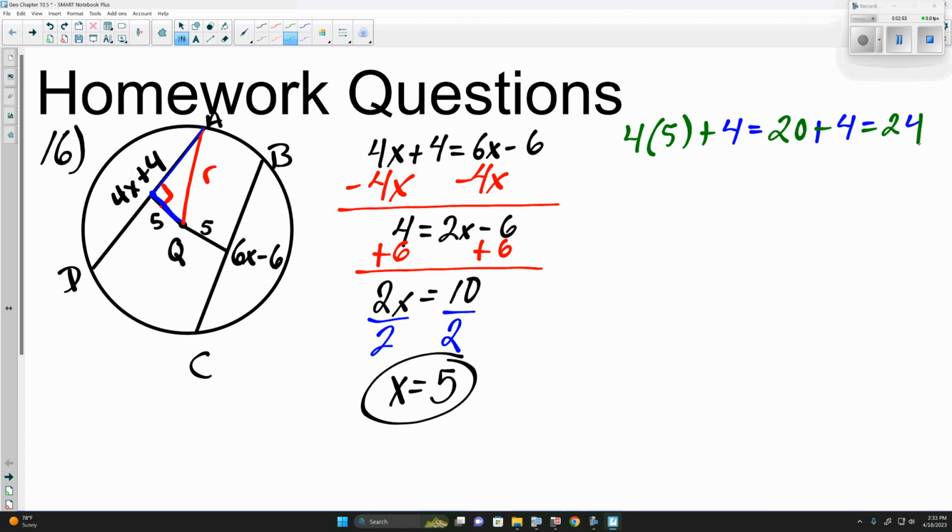Now 24 tells me that the entire length from A to D is 24. But we don't want that. We want half of it. And it does work out that these two sections are congruent, which means this side is 12, because the whole thing is 24, so half of 24 is 12.